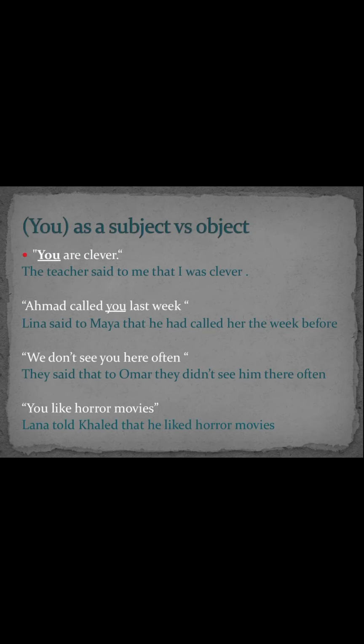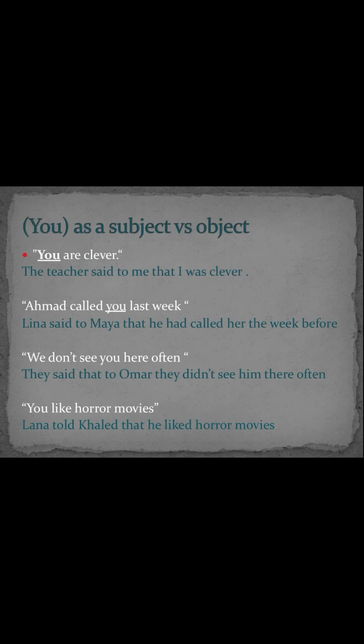We don't see you here often. They said to عمر. عمر is the receiver، بنحول we they. طبعا هنا we شو مش you depending on me and the speaker they، فبتحول they. Don't see present simple بنحولها ل past simple didn't see.